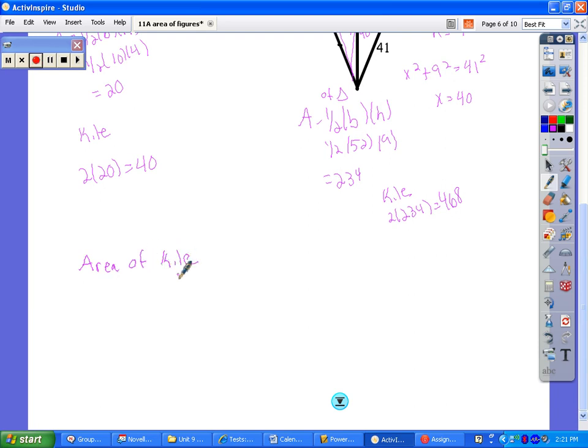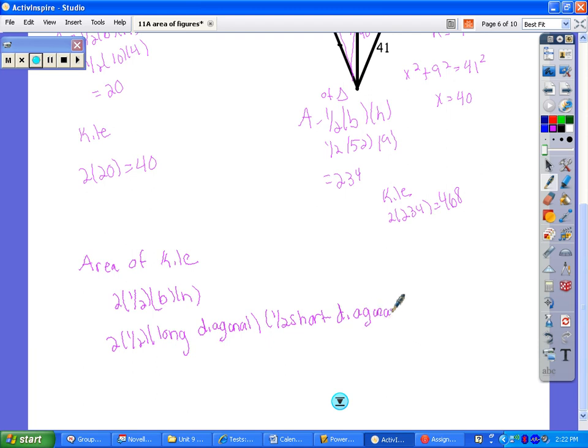So we said area of the kite was 2 times 1/2 base times height. And in this case, the base was the length of the long diagonal, and the height was half the short diagonal.